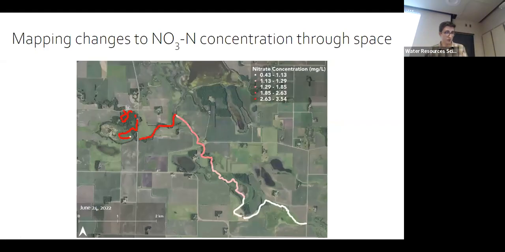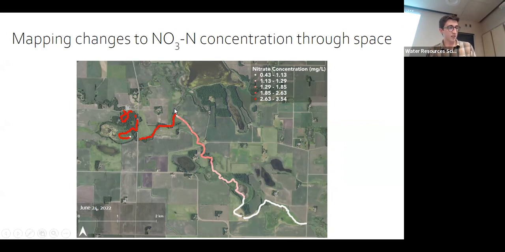And so I showed this image before, but want to look at it a little more closely. So this is the data output that we get. We make a paddle and we collect these nitrate concentrations in these streams. We see as we move from upstream to downstream on this particular day, you see this kind of decrease in nitrate concentration as you go along.